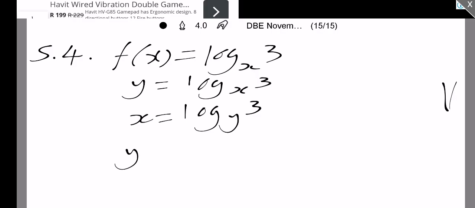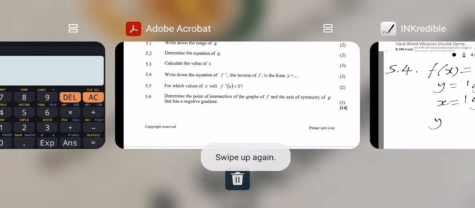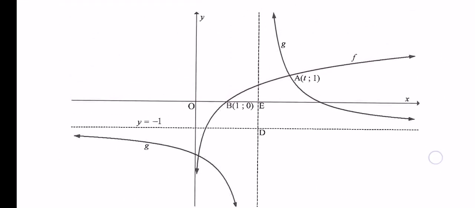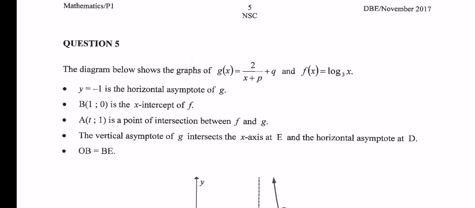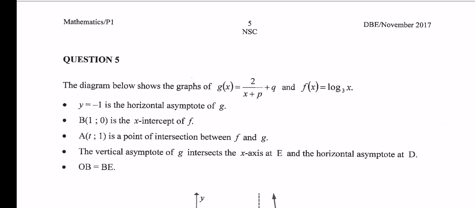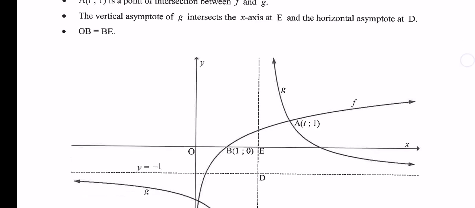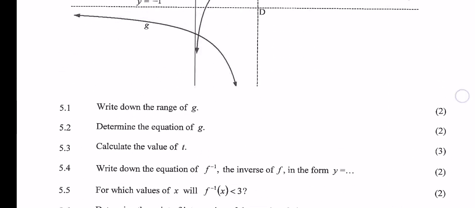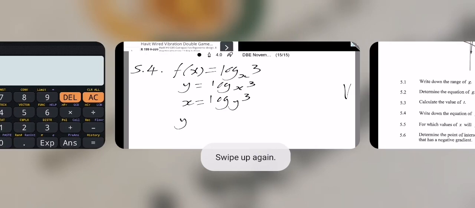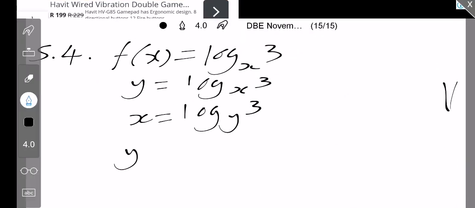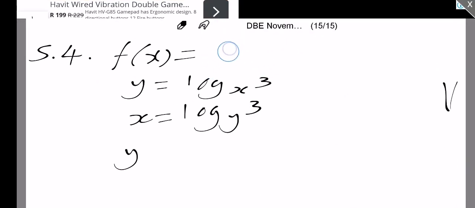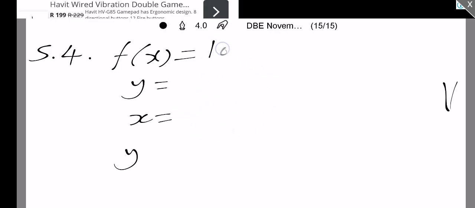Let me just go confirm what the equation was. It is log base 3 of x. Pardon me for that. This log base 3 of x, which means it's going to be log base 3 of y after you swap.